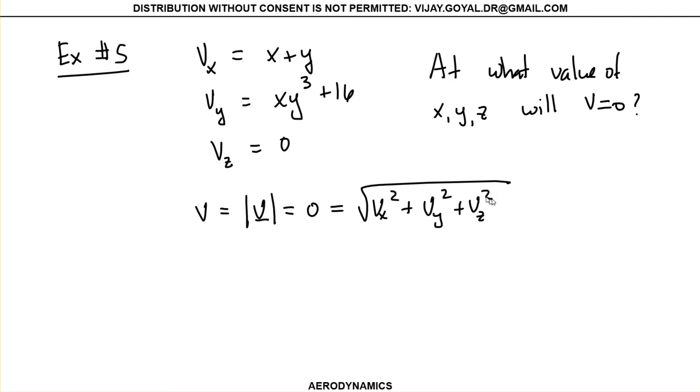And the only way this can be 0, since these are squared, there's no other way. If these are negative numbers, they're squared, so they have to be positive. The only way this can be 0 is if all of these quantities are equal to 0. So that means that each one of my components has to be 0.